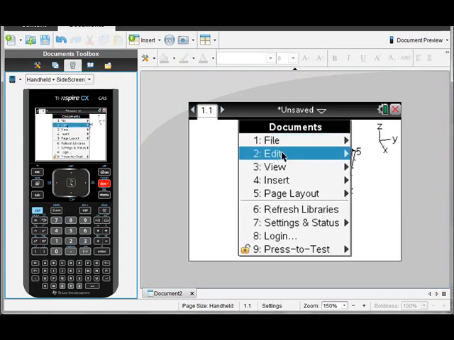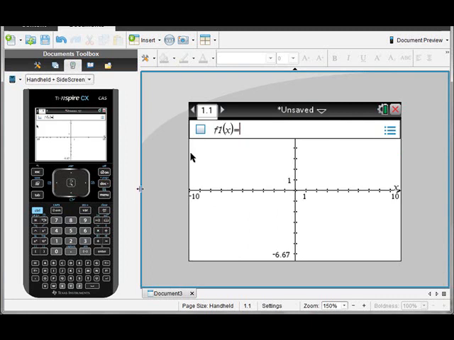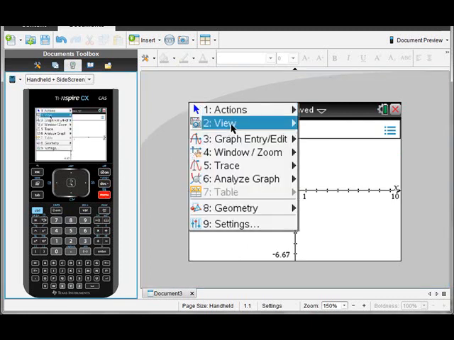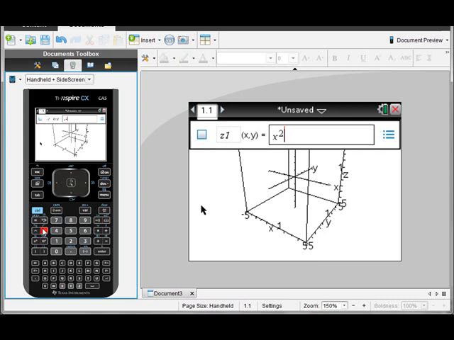So let's choose a new document. No, I want to save that. Menu, view, 3D. So enter x squared plus y squared minus 2x minus 6y plus 14.